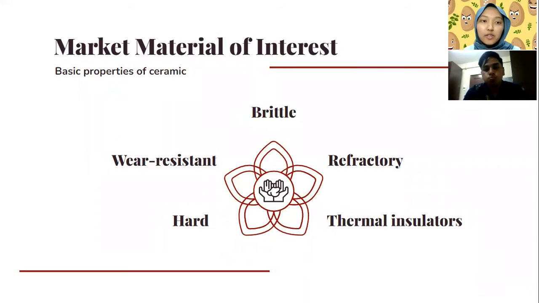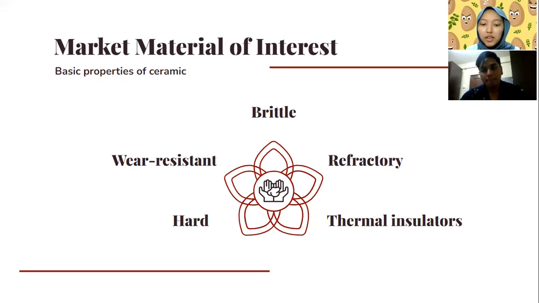All right, so for the first one, market material of interest, we will take a look at the basic properties of ceramic. The properties of ceramic materials, like all materials, are dictated by the types of atoms present, the types of bonding between the atoms, and the way the atoms are packed together. This is known as the atomic scale structure.